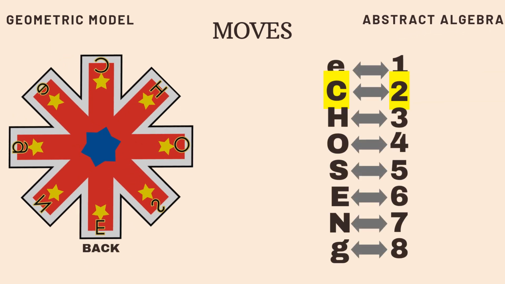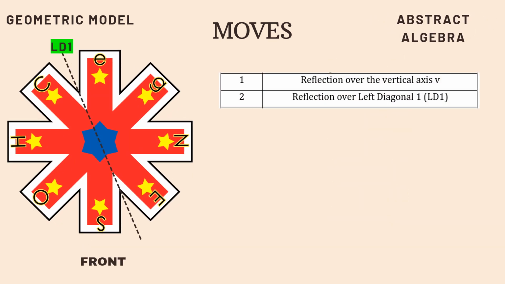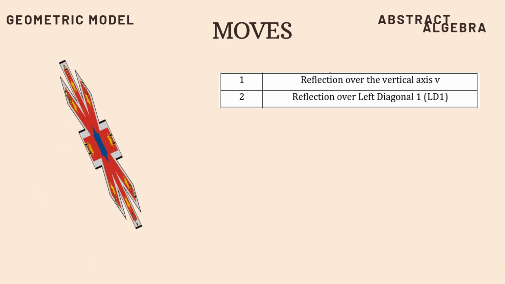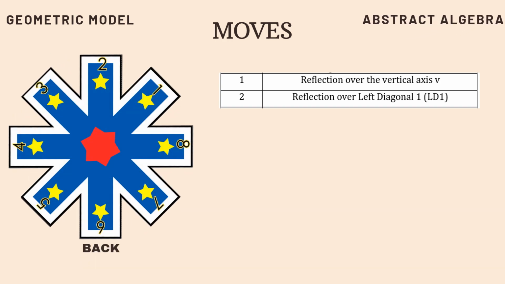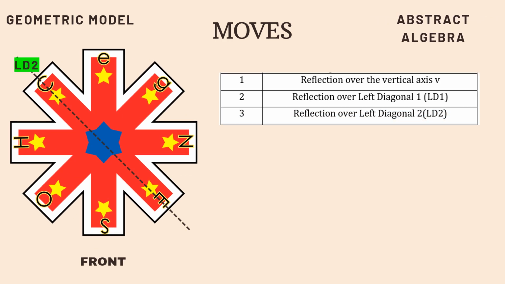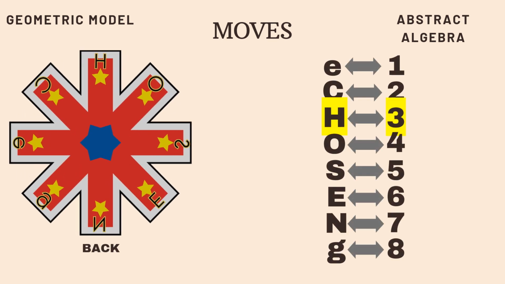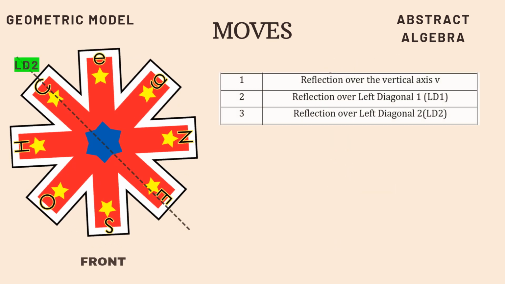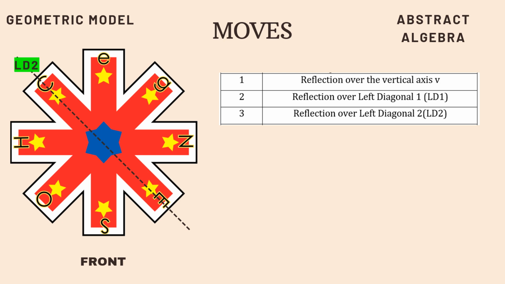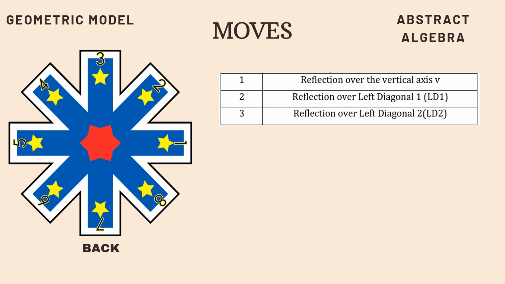Since C maps to 2, we can say that reflection over left diagonal 1 represents 2. Next, we have reflection over left diagonal 2, or LD2, which represents 3. Since H maps to 3, the reflection over left diagonal 2, LD2, is 3.